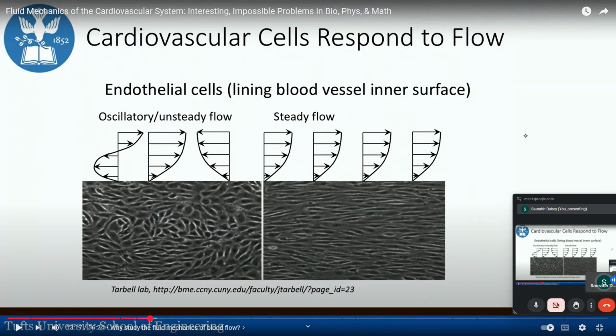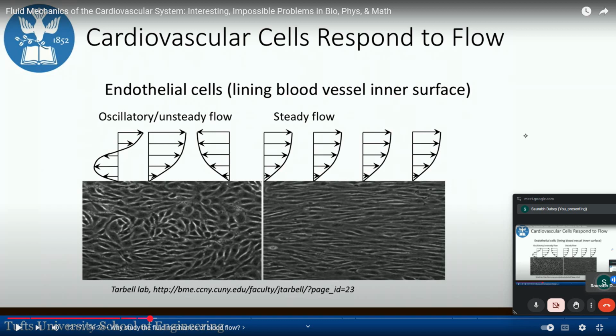If you see this, there is one study on how cardiovascular cells respond to blood flow. On the inner surface of the blood vessel, they grew endothelial cells, and they observed that when the flow was oscillatory and unsteady, the morphology of the endothelial cells looked like this, and in steady flow, their morphology was different. The reference for these images is given there.